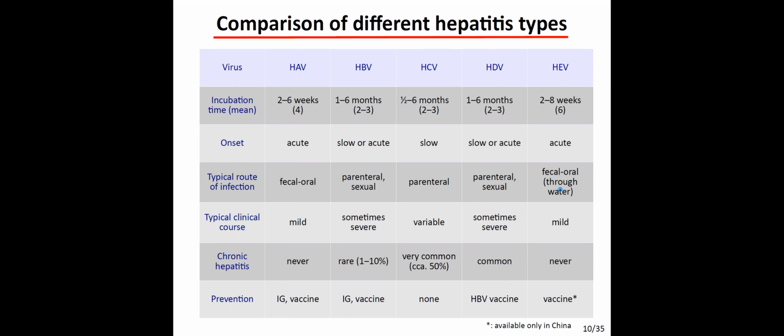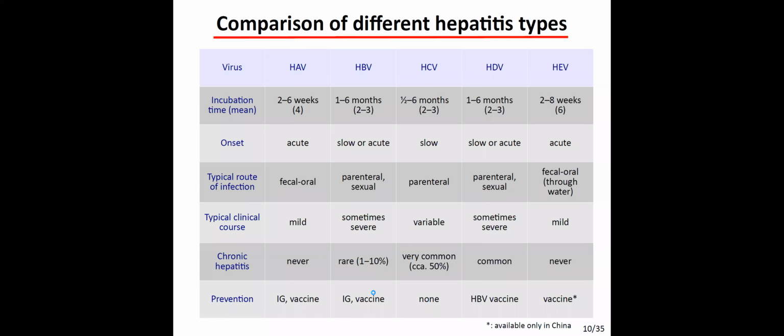Another interesting thing: if somebody is infected with hepatitis B, the virus is not the biggest problem, but your own immune system is, because sometimes when we have a fulminant infection or inflammation against the hepatitis, your own immune system is killing your own cells.